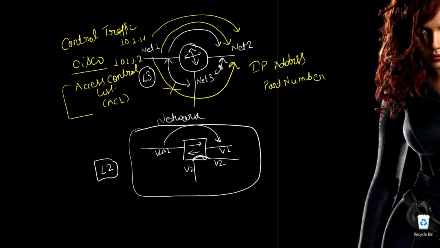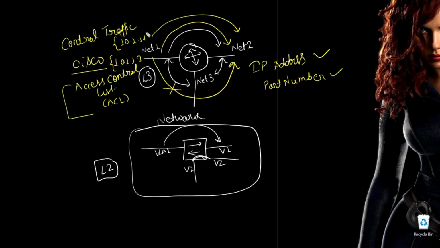So there are two ways to control. One is the IP address, as I have just told you, that this IP address is allowed and this is not allowed. A similar concept we can have for the port number. It can be for the source port number or for the destination port number.